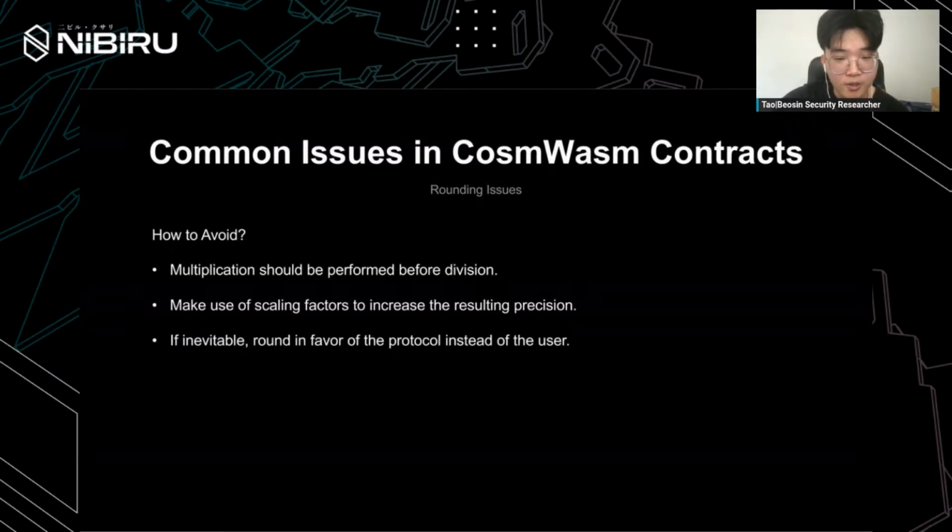So you can save your protocol when you round in favor of the protocol. Please keep this in mind. If a rounding issue is inevitable, please round in favor of your protocol.